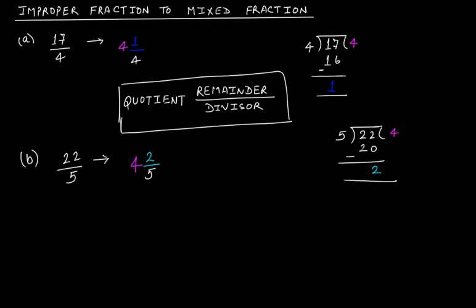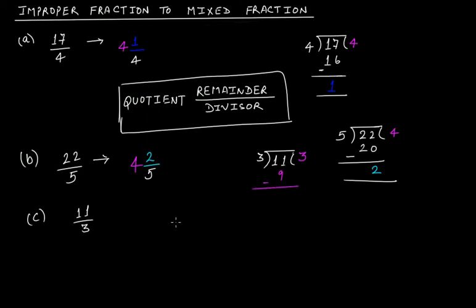Let's take one more. Let's say it is 11 by 3. If you divide 11 by 3, this will be 3 times, and this will give 9.